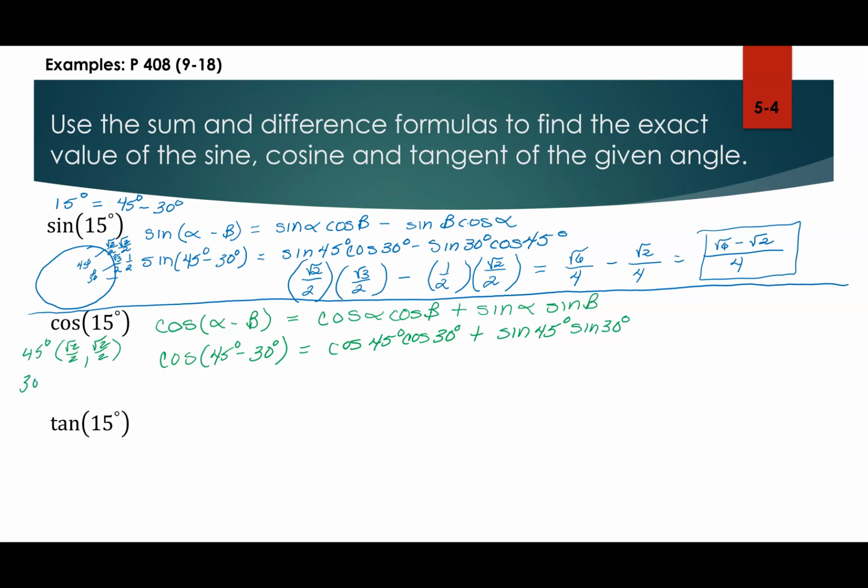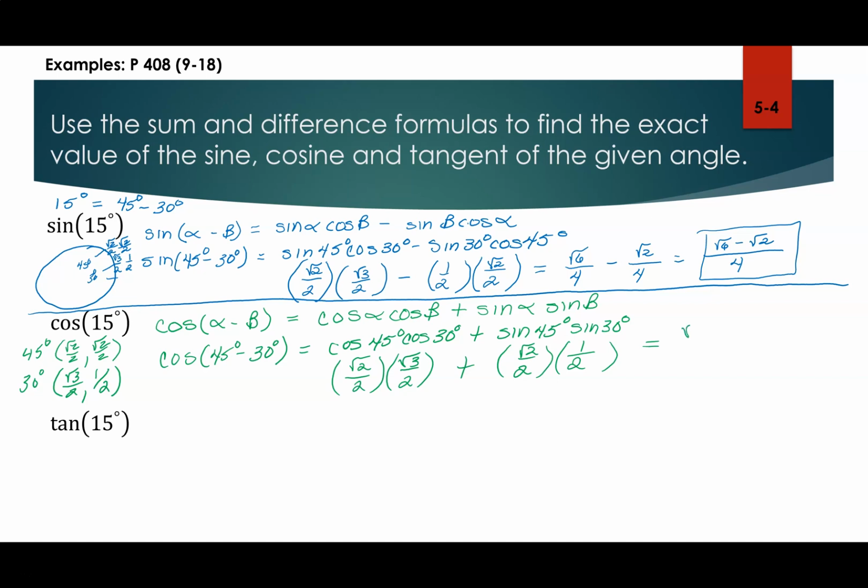And the 30 degree angle was square root of 3 over 2, 1/2. So plugging in, cosine of 45 is the x value, square root of 2 over 2. Cosine of 30, square root of 3 over 2. Plus sine of 45, square root of 2 over 2, the y value. Sine of 30, the y value is 1/2.